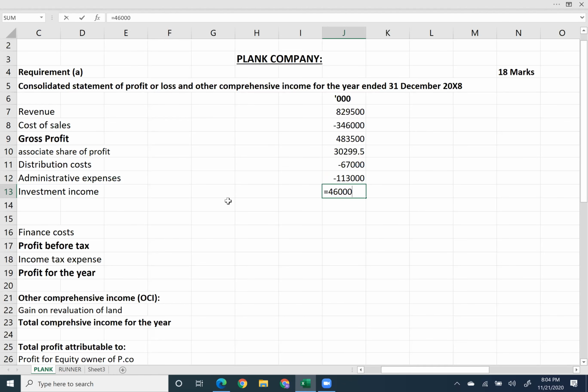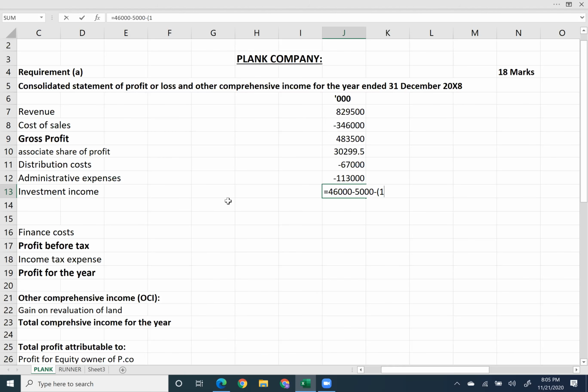Then first do the intercompany cancellation. The 5,000 interest income we have to remove. Then I think you can directly calculate the dividends. No need to show dividend working.